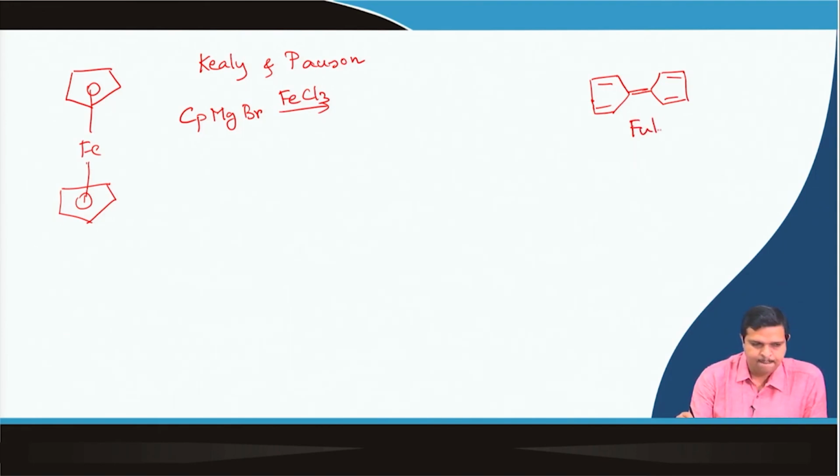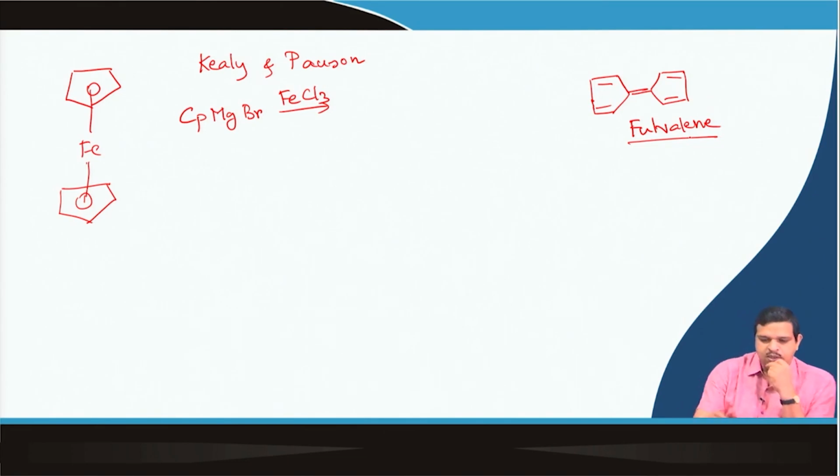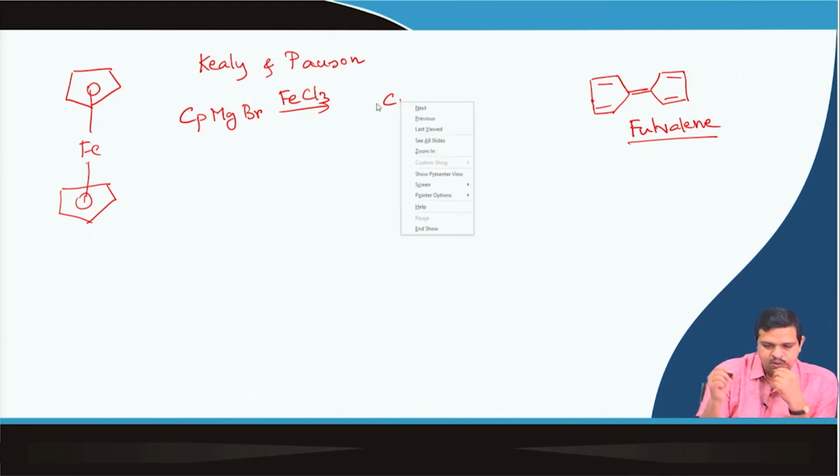Through the oxidative coupling of CpMgBr, they didn't get fulvalene; they got a compound whose composition matched iron and Cp2.